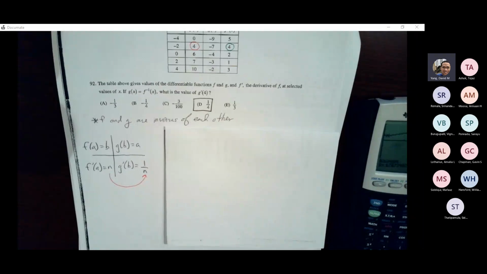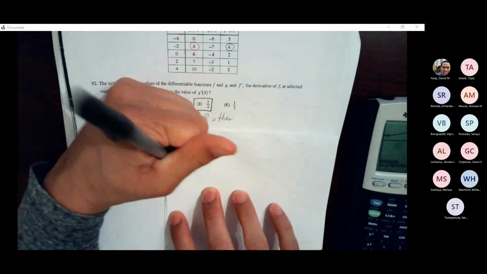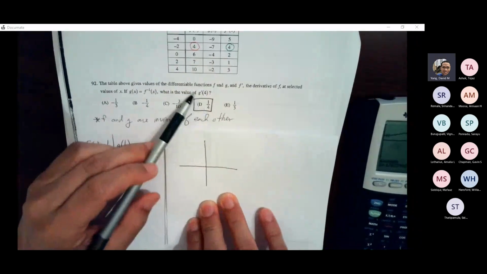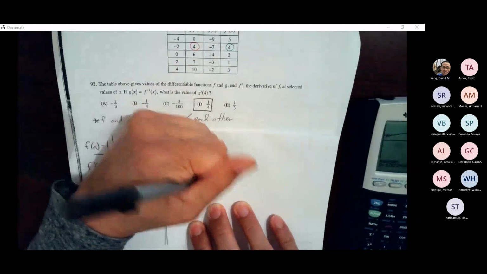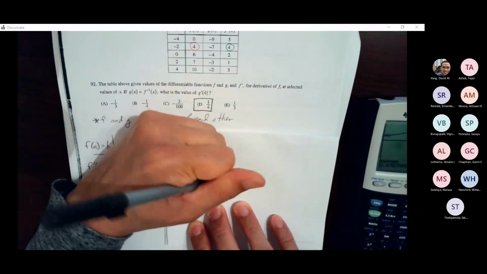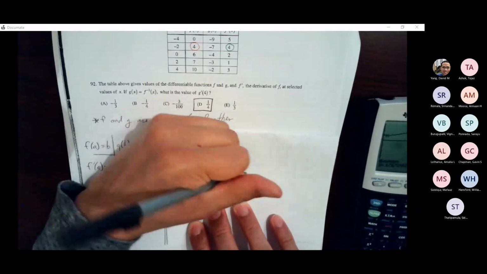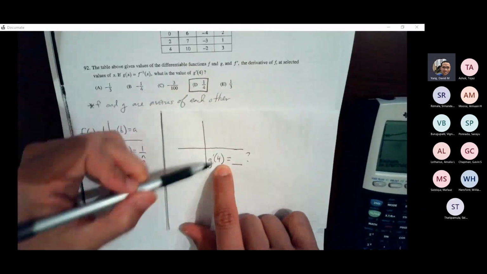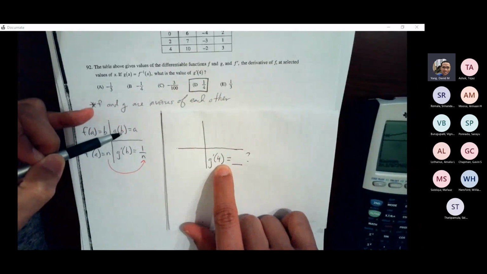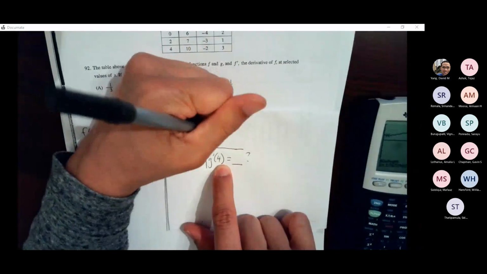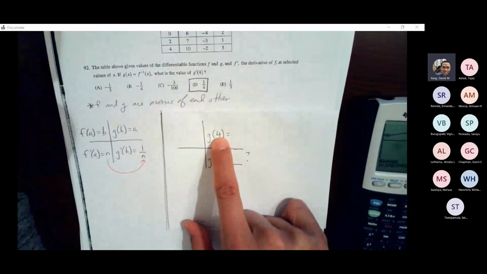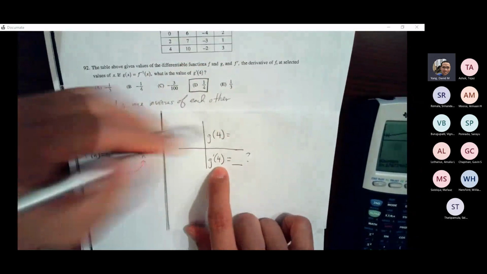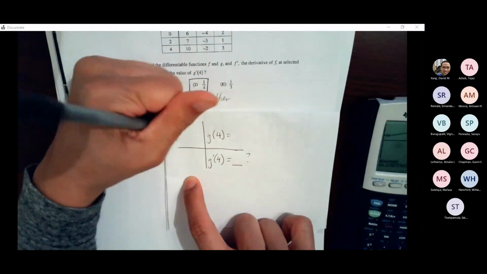So I'm gathering some information here. I'm going to start at the bottom corner. Okay, I'm looking for g prime of 4. That's my end goal. Now, this tells me that 4 is the x value of my g function, which means that 4 must be the y value of my f function.